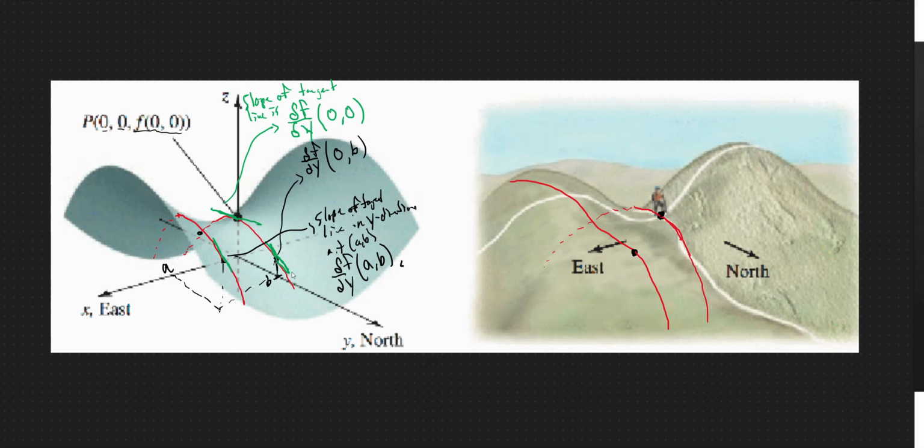Cool. But what if I want to move in the east or west direction? We can do that too, but we're going to intersect the surface not with a plane parallel to the YZ plane, but with a plane parallel to the XZ plane. We're going to slice it like this to get a curve that runs just in the x direction at some fixed y value. Again, we can do that at any point.